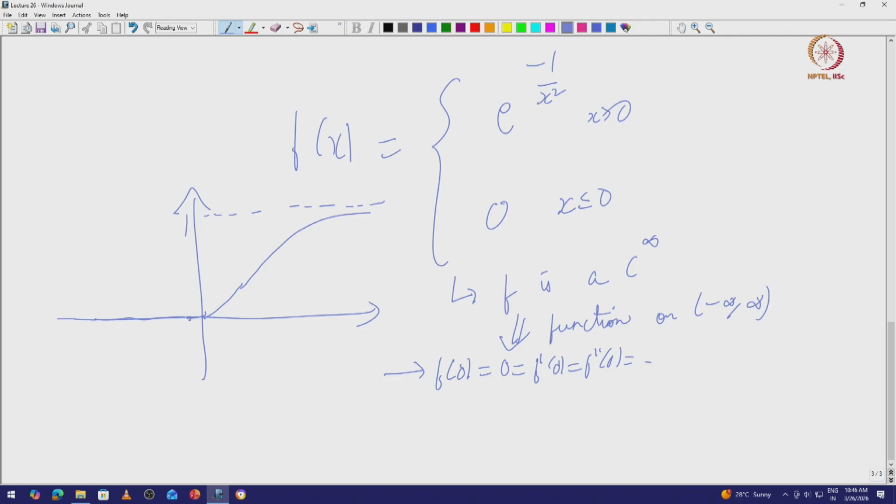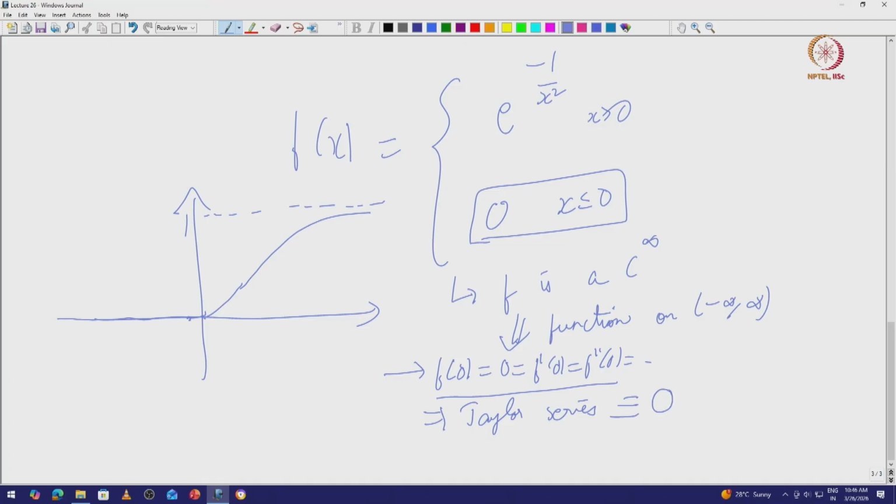If you look at f from the x less than or equal to 0 side, that is, if you write f dash 0, for example, as the limit as x goes to 0 from the left hand side of f dash of x, you would get 0, right? Likewise for f double dash 0 and so on. So if f is genuinely a smooth function, then indeed these are all 0, which means the Taylor series is, shockingly enough, identically 0.